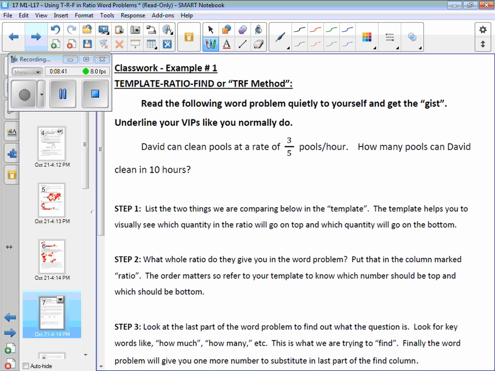I want you to read the first word problem like you normally do. Highlight, underline, or circle your VIPs. And my advanced group, stay with me for this, just so you can see the format in which you're going to do it. If you went ahead, it's okay too, but look up and make sure you're doing it right. For everybody else, just go through everything, highlight your stuff, and then I'm going to ask you some questions.